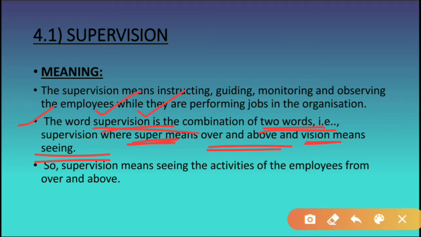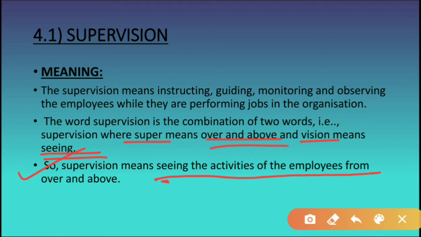So supervision is a combination of two words, super and vision, in which super means over and above and vision means seeing. That is why it is said that supervision means seeing the activities of the employees from over and above. Who is seeing the activities of the employees? The superiors are seeing them from over and above.